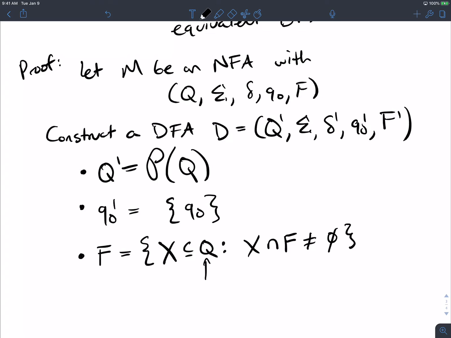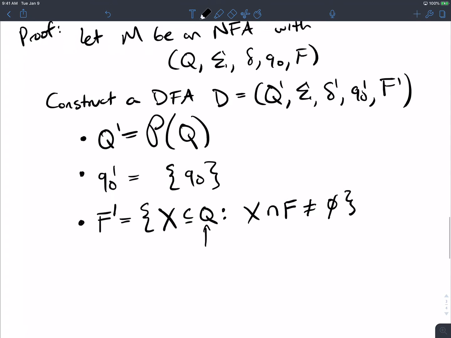Can you clarify if that's F prime and if that is F prime too? Oh, oops, you're right. F prime. My bad. F prime on the left means the final states in the DFA. The F on the inside, I do mean the NFA's final states. So what do we mean here? It's all the states in the DFA where one of the elements in that set was originally a final state in the NFA.